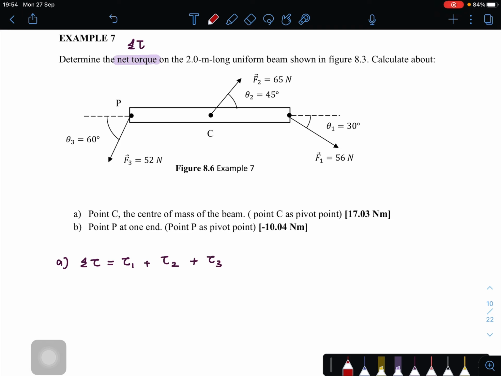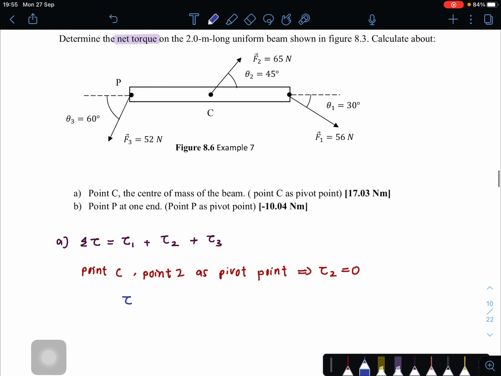Okay, so when we have point C, which is point number 2 actually, as the pivot point, the torque here will be equal to 0. So T2 will be equal to 0. Why? Because according to the formula, which is RF sin theta, R here is the distance from the pivot point.